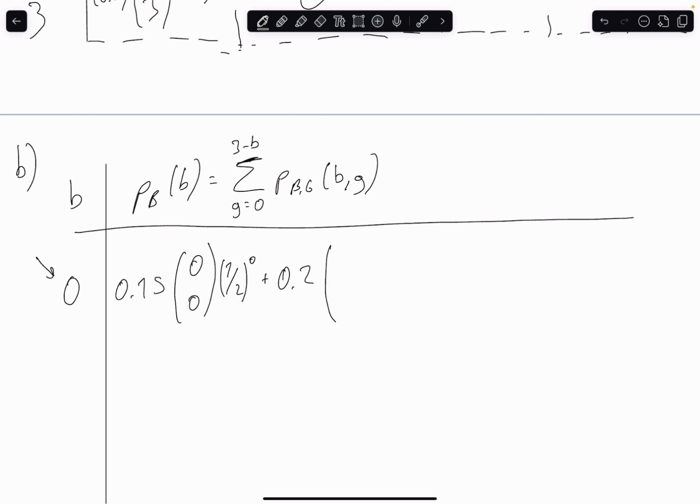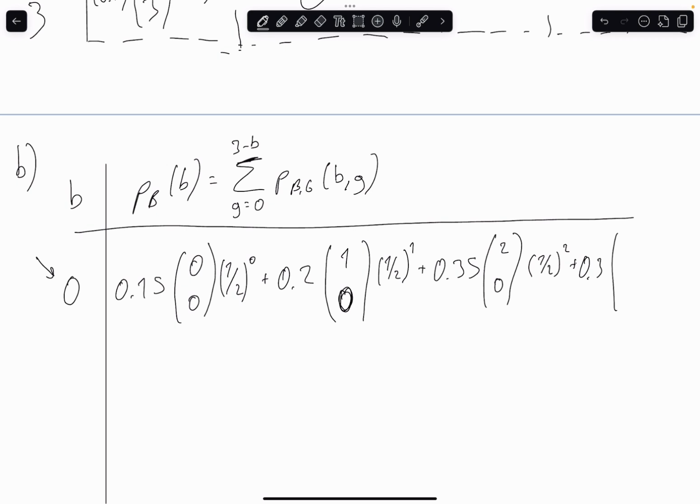Having 1 child is 20% probability, none of them is boy, and multiply the probability of having 1 girl, plus with 35% probability you will have 2 children, none of them is boy, and probability of having 2 girls is this, plus now we have 3 children, 3 of them are girls, no boys, multiplied with probability of having 3 girls.